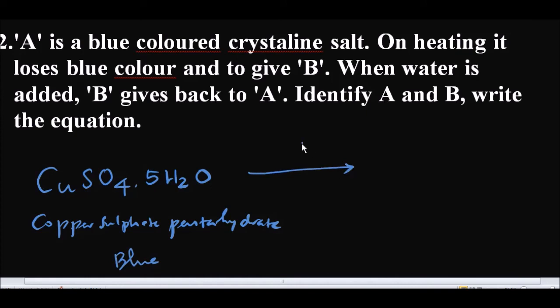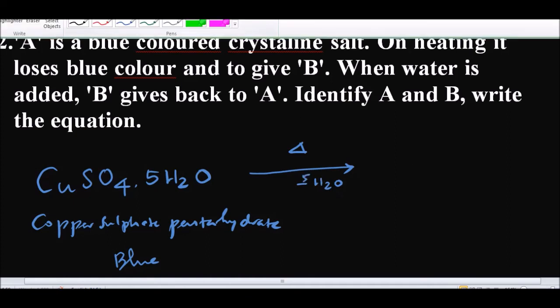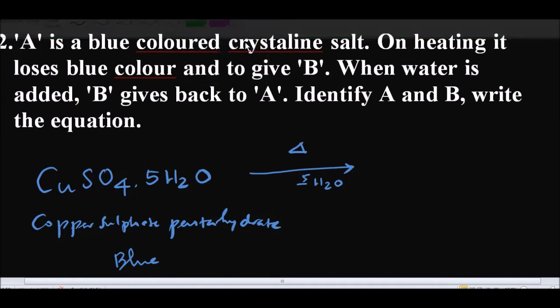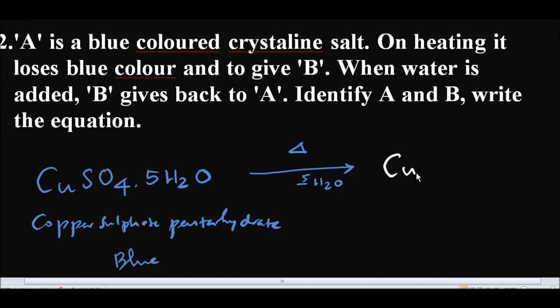On heating, it loses water molecules. All 5 water molecules are lost by it, so that it changes into a colorless substance on the loss of water. We can call it copper(II) sulfate, which is anhydrous.